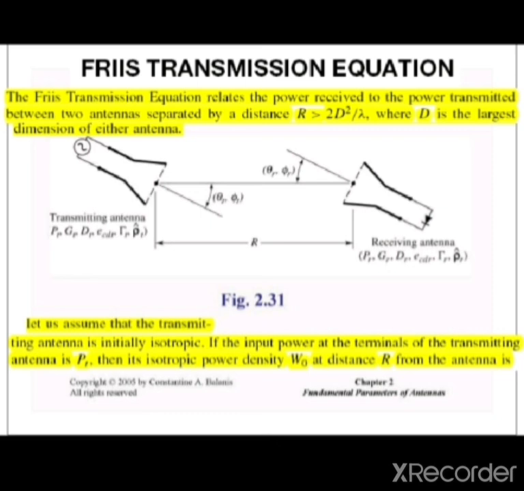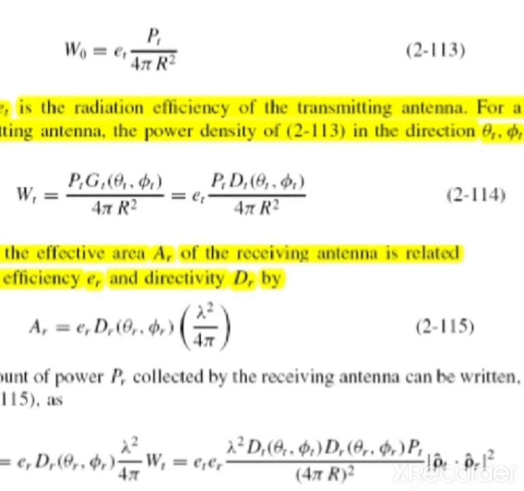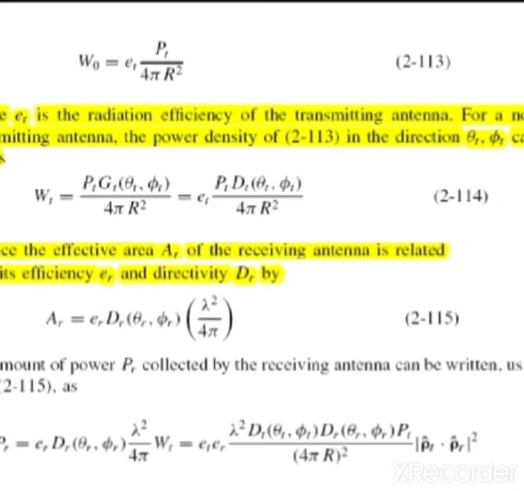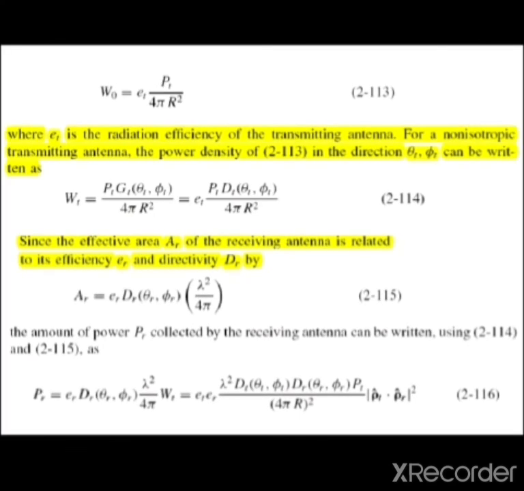If the input power at the terminals of the transmitting antenna is Pt, then the isotropic power density W naught at distance r from the antenna is W naught equal to Et into Pt by 4 pi r square, right? Where Et is the radiation efficiency of the transmitting antenna.